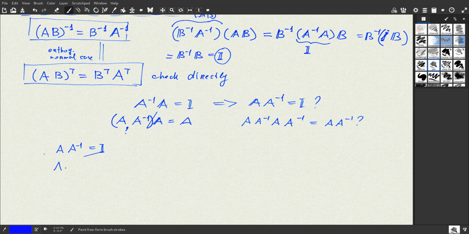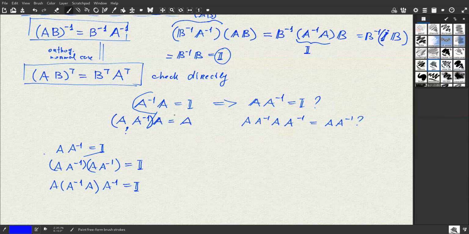Therefore, we can say A minus 1, and once again A minus 1, is identity by identity is identity. Or we can say A minus 1 A, A minus 1, due to associativity, is identity.